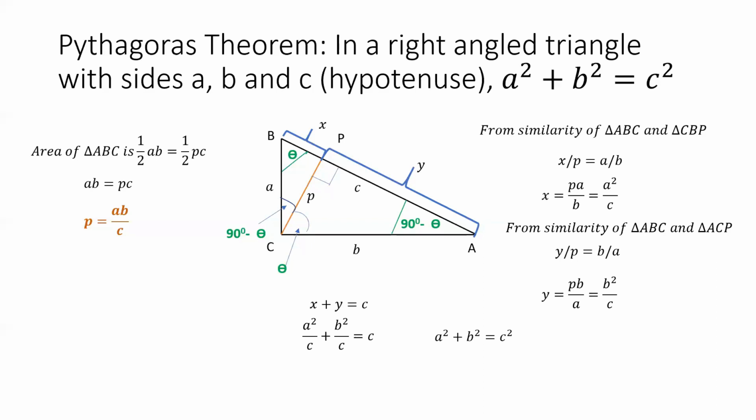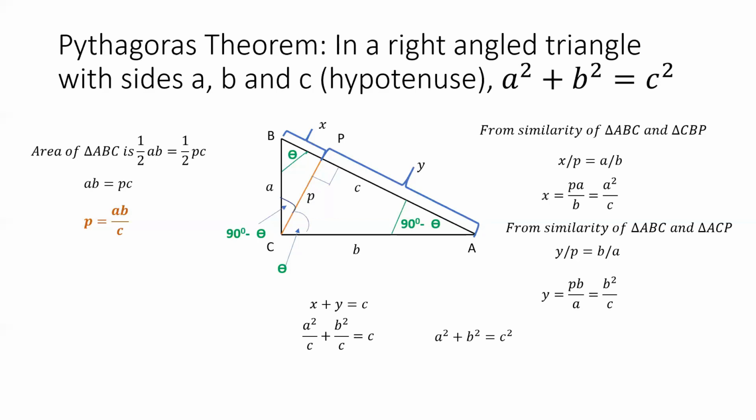So this is a proof that does involve knowledge of similarity of triangles, but it's a very simple one to remember in terms of what constructions you need to do. It's a simple construction. You just need to drop a perpendicular from the right angle vertex onto the hypotenuse, and that's it.